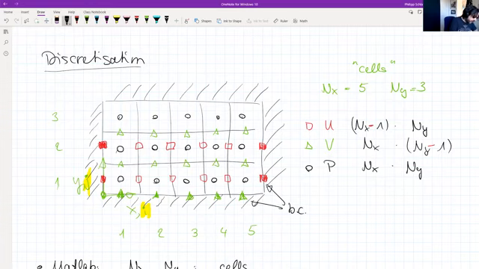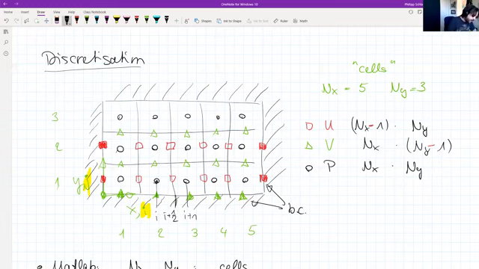The way that we annotate that is, if this, for instance, would be point I, and this is I plus 1, then we would call this point in between I plus 1/2. That's the middle point between I and I plus 1.